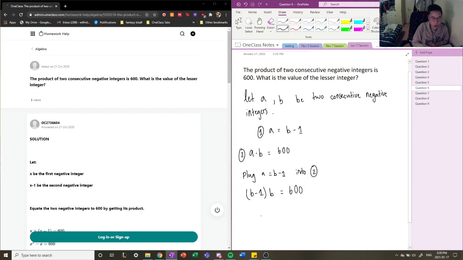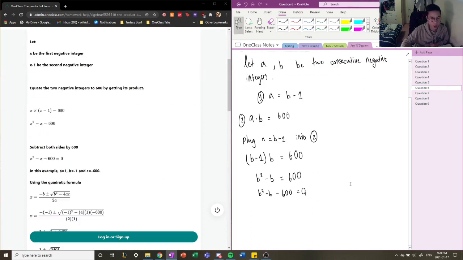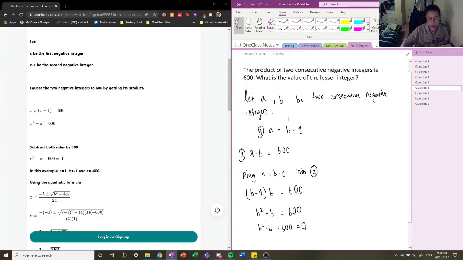Now we're going to expand this. We have B squared minus B equals 600, and we're going to move 600 to the left-hand side. So we have B squared minus B minus 600 equals 0. Now we have to solve this quadratic function. We have to find the zeros, or the solutions to the quadratic function, to find the two negative consecutive integers.